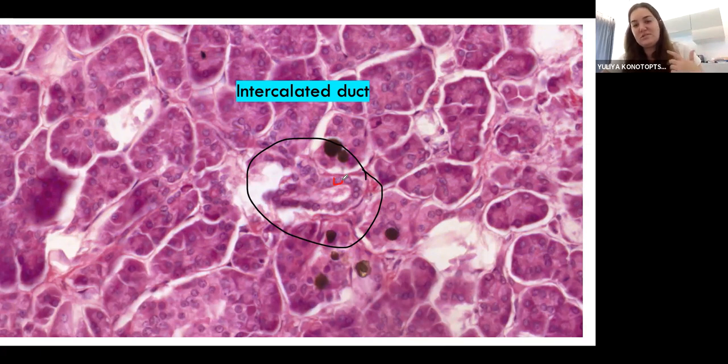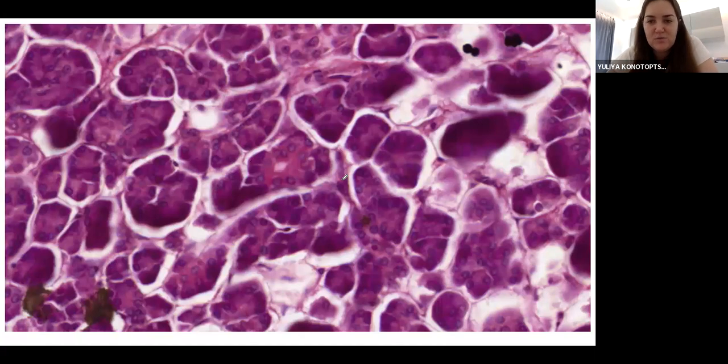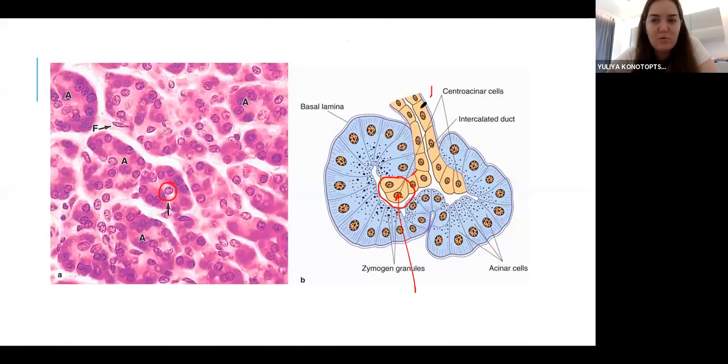They're not centroacinar cells, because a cell is considered a centroacinar cell only in the acinus, right? So if I go back to this picture, these are your normal intercalated cells. But these ones are the centroacinar cells, because they are intercalated cells which are in the acinus. Does it make sense?